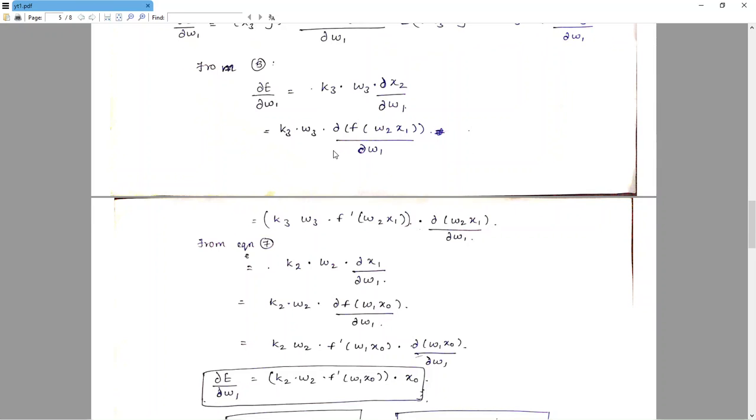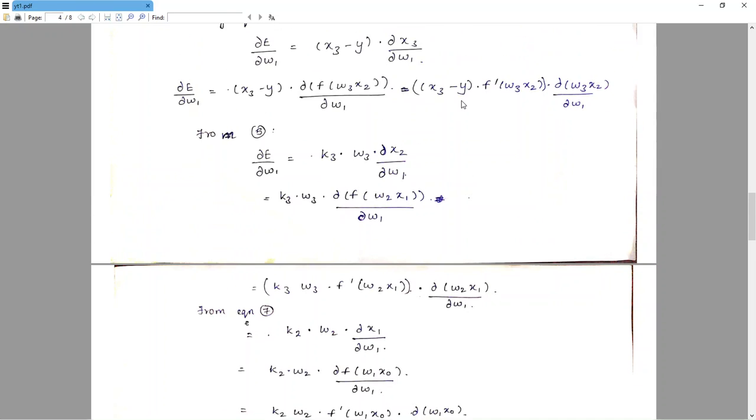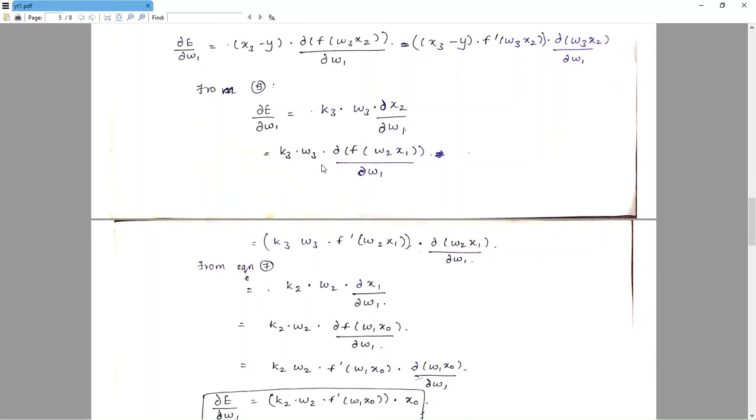dou w1. See clearly, this x3 minus y into f dash w3 x2 is what? K3. And this w3 will come out, and dou x2 by dou w1 will remain. Now you can see the pattern why it's repeating k3 w3. Similarly, you get k2 w2 out.